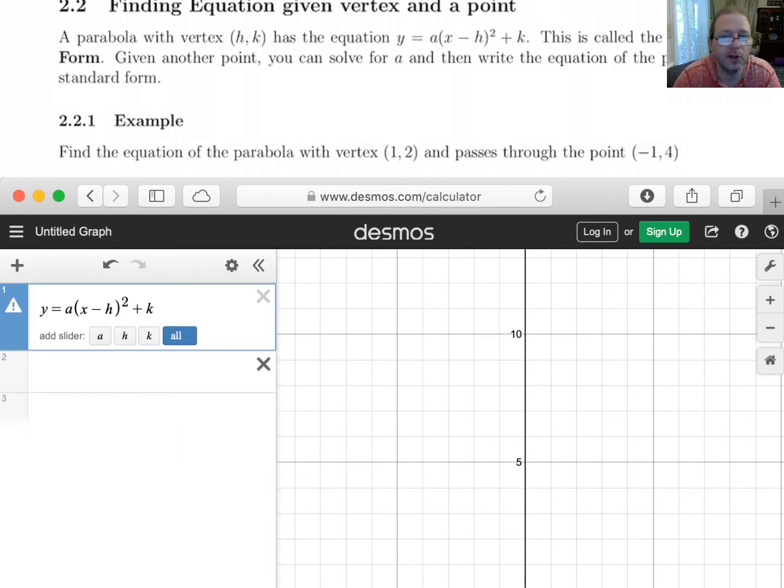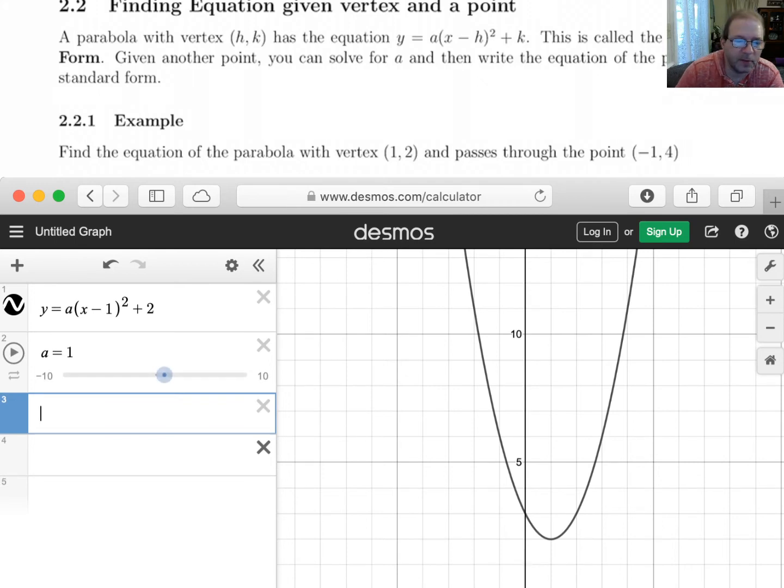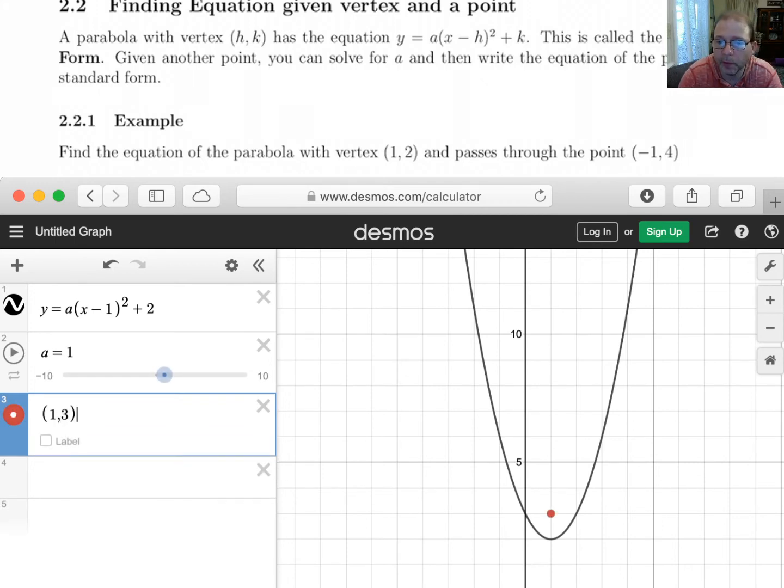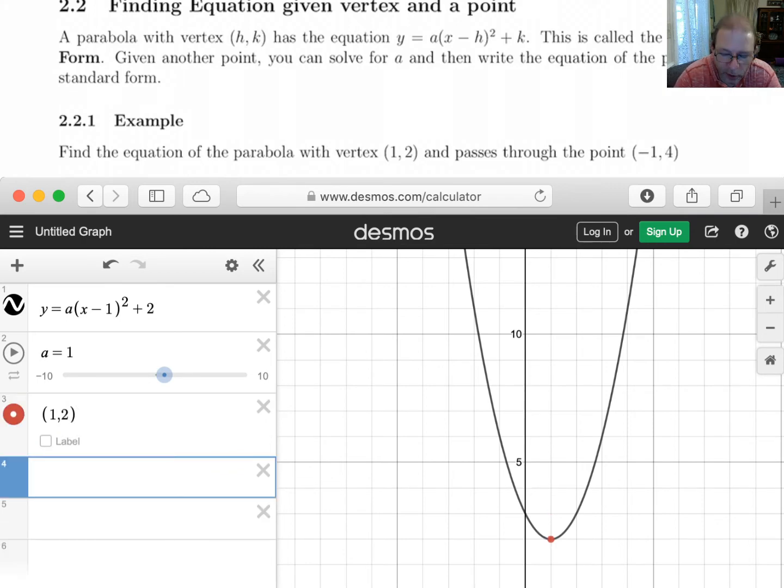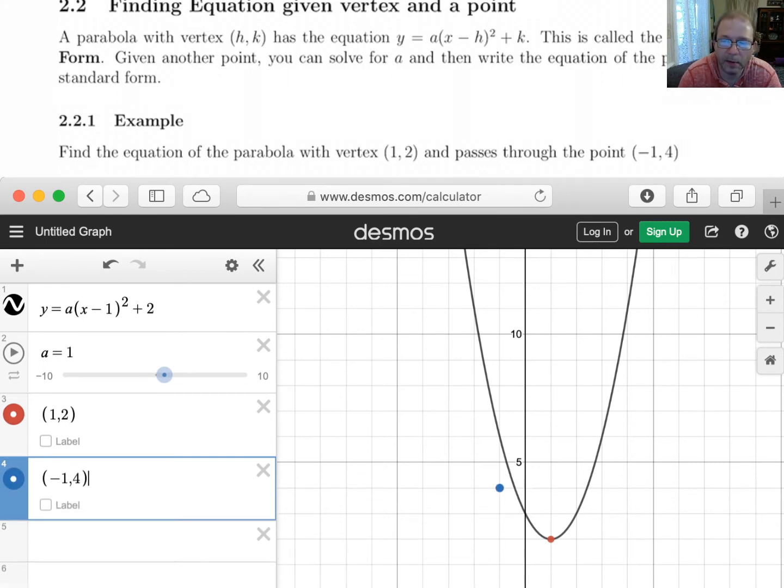All right, so let's just do this on Desmos to begin with. It's actually easier to do it by hand, but I want to play with Desmos to show what's going on. Our vertex is 1, 2. And by putting that in, it sure enough puts the vertex here at 1, 2. Now we want it to also go through the point negative 1, 4. So I'm going to plot that point.